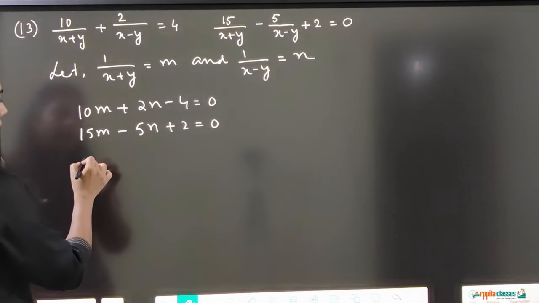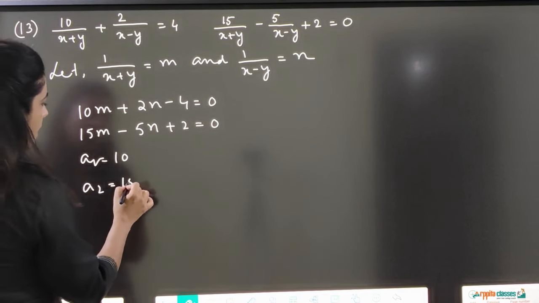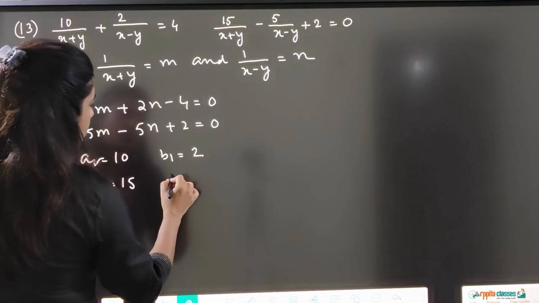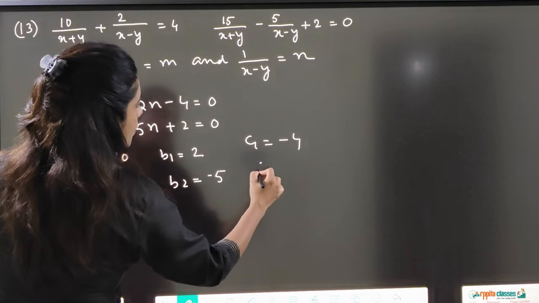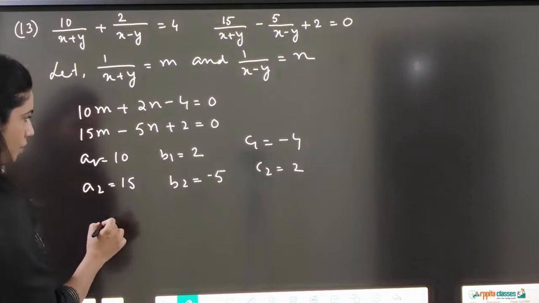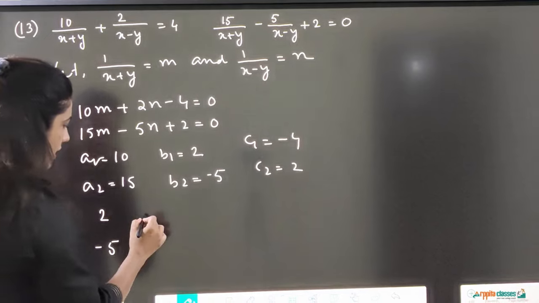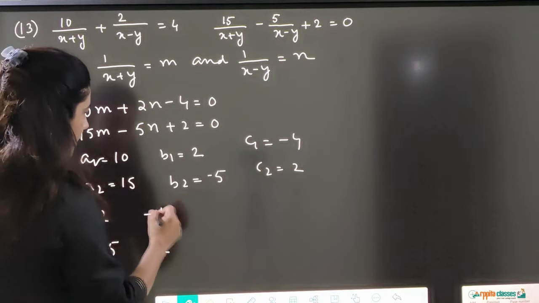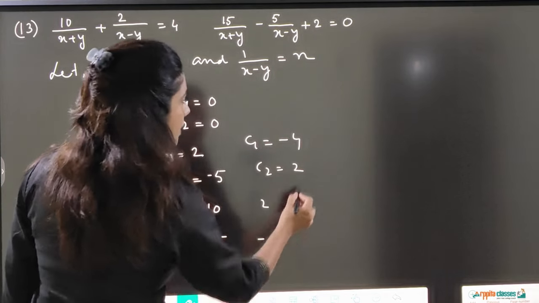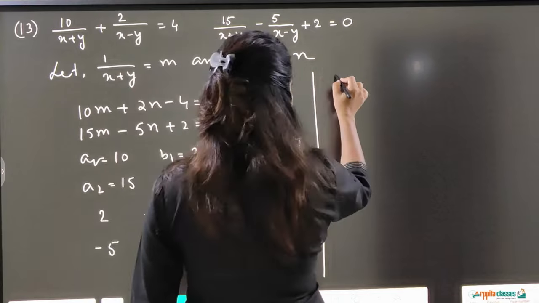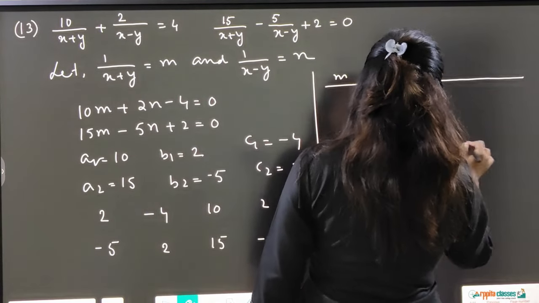So now our a1 is 10, a2 is 15, b1 is 2, b2 is minus 5, c1 is minus 4, and c2 is 2. So we'll start from b1, b2. So it's 2, minus 5, then minus 4, 2, then a1, a2, 10, 15, and then again 2, minus 5. So now we'll write m upon, n upon, and 1 upon.